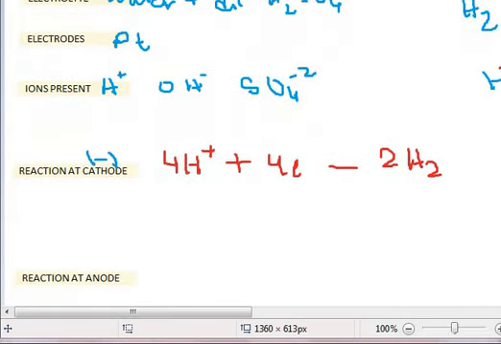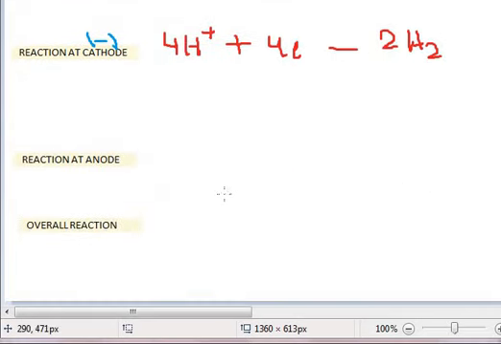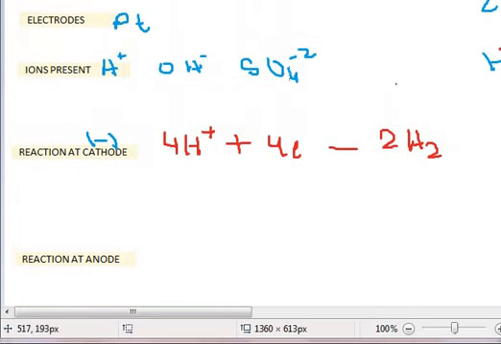Now what happens at the anode? At the anode, the anode loses electrons, isn't it? So at the anode, which ion will go? Hydroxyl ions, because we checked in the table, OH ions are at the bottom, so they will be discharged. So here you just write 2 OH ions.